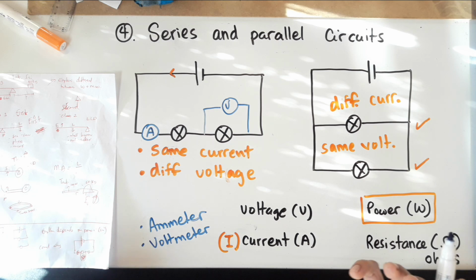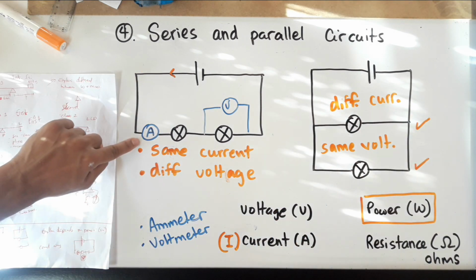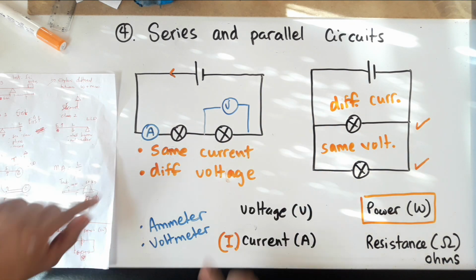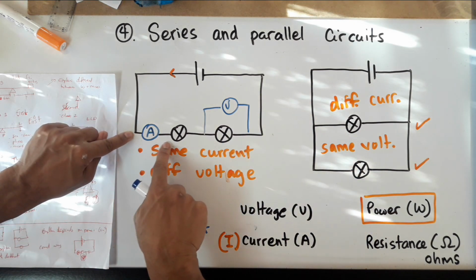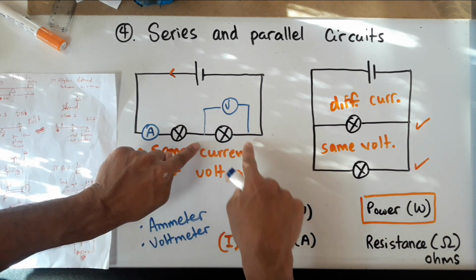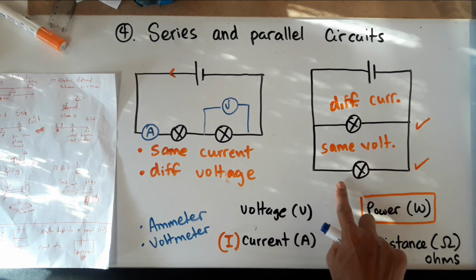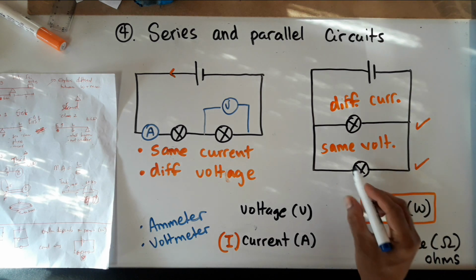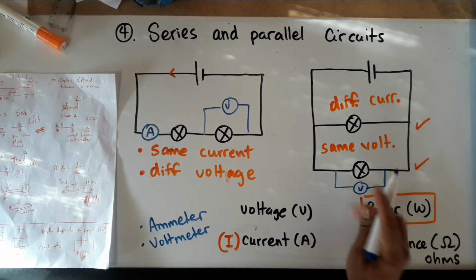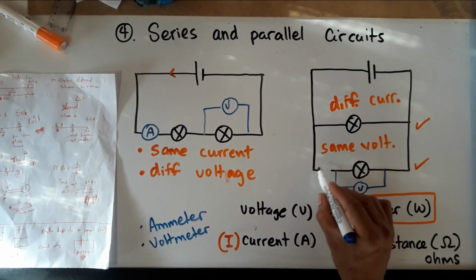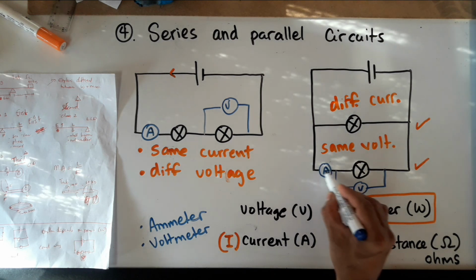They will draw 4 diagrams, A, B, C, and D, and connect the ammeter and the voltmeter in different arrangements. You have to choose the one where the ammeter is in series and the voltmeter is in parallel. For example, if I wanted to measure the voltage across this lamp, I would put a voltmeter across it in parallel. And if I wanted to measure the current through this one alone, I would put an ammeter in series with it.